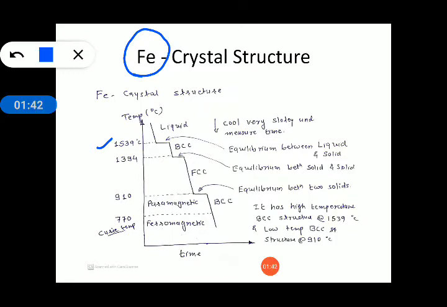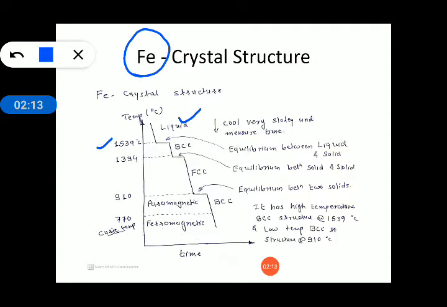So here in the graph, on the x axis time is there, and on the y axis temperature in centigrade is there. When iron or Fe is heated up to its melting point, that is 1539 degree centigrade, above that melting point iron is in the liquid phase.